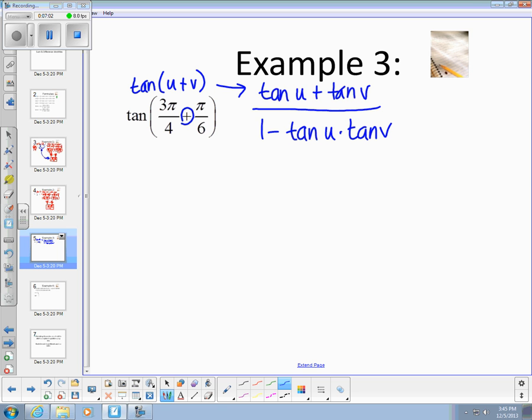Okay, so our u is going to be 3 pi over 4, and our v is pi over 6. Okay, so I'm going to substitute those values into my formula.